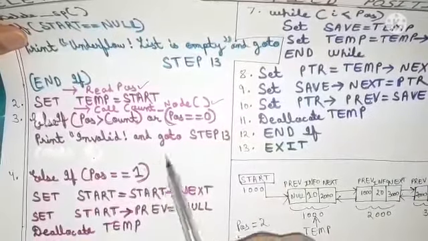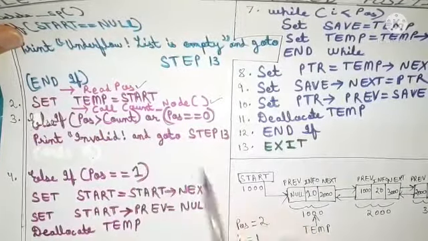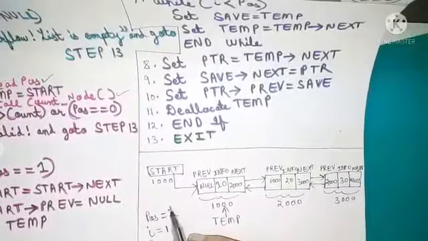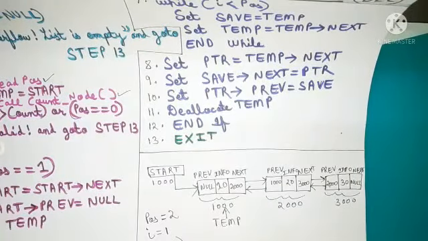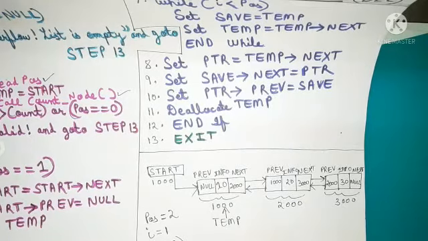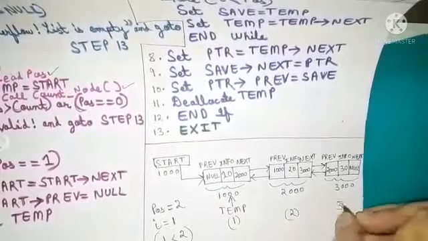Here this particular statement, whether position is greater than count, will check whether the position from where we want to delete that particular node is greater than the number of nodes in our list or not. Now in our list we have 3 nodes.